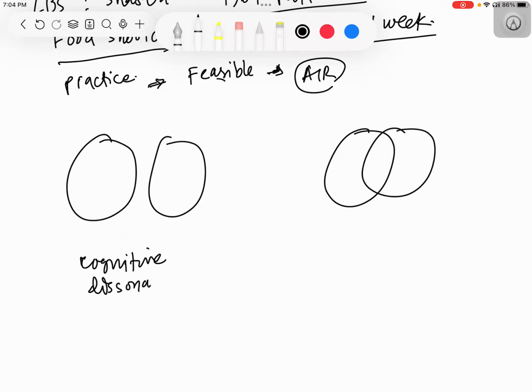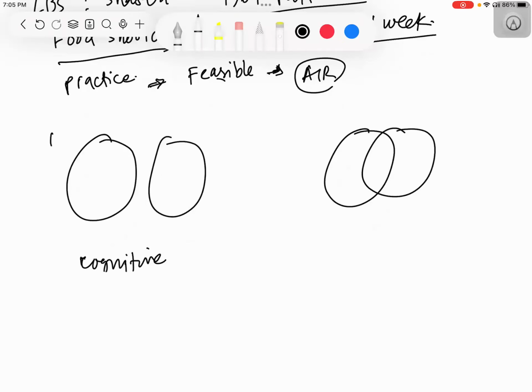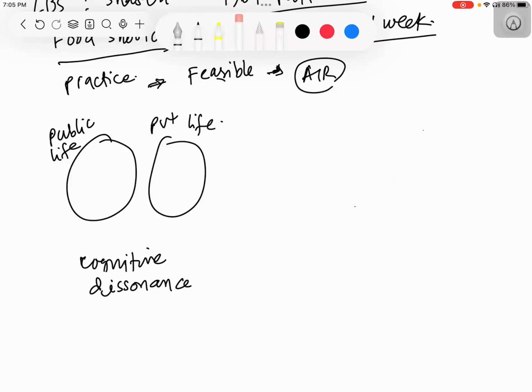So suppose this is public life, this is private life. This is known as cognitive dissonance, where public and private life are a facade, a figure that looks good.